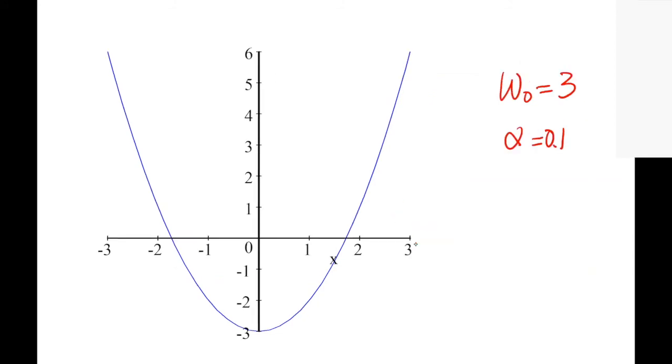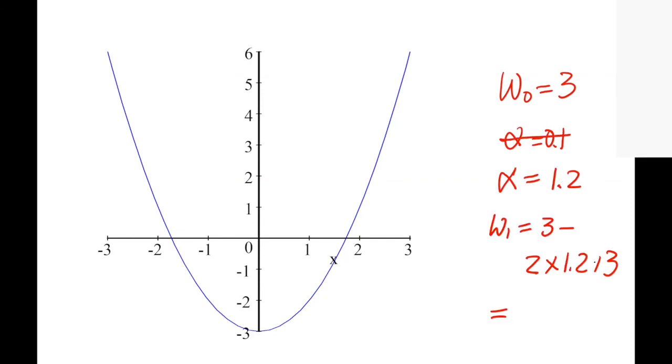All right, so now let's use a different learning rate. Let's make it 1.2 times 3, so like 6. So this is 3 minus 6, which is minus 4.2.